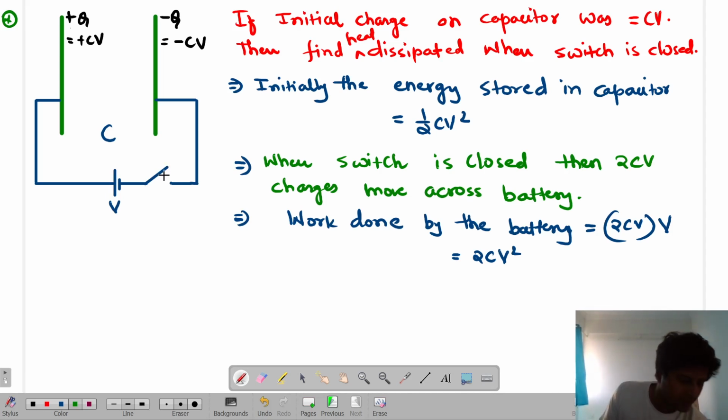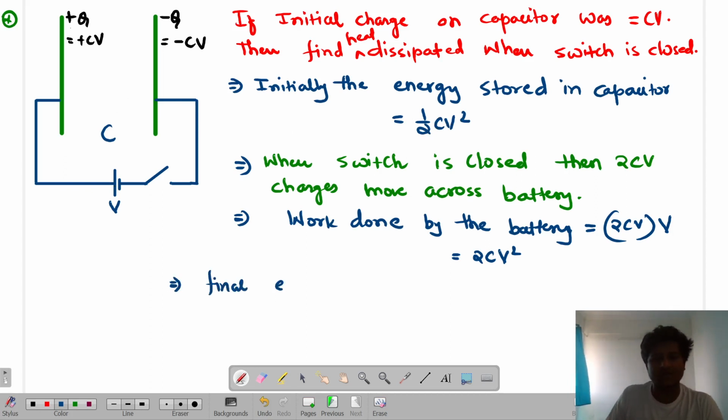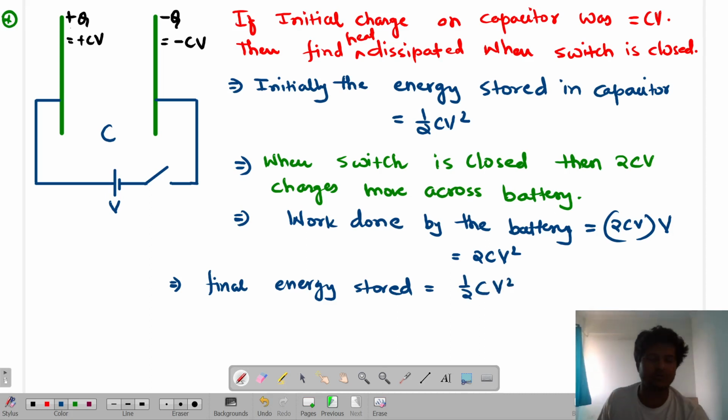Whatever you do, if the initial energy stored was half CV squared, then the final energy stored will also be the same, or not? That is equal to how much? Half CV squared. Why? Because the capacitor was already charged. Are you able to get me or not? Is that clear?